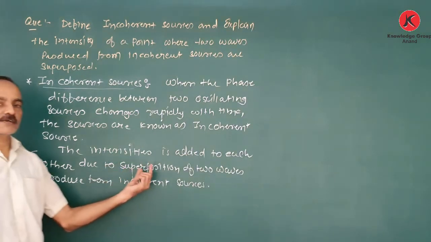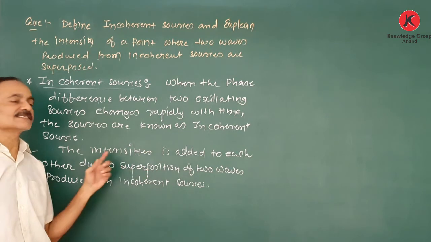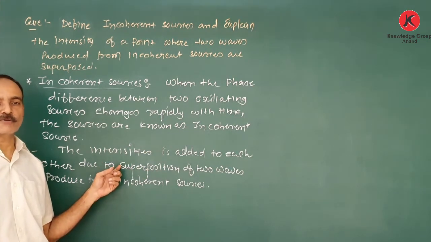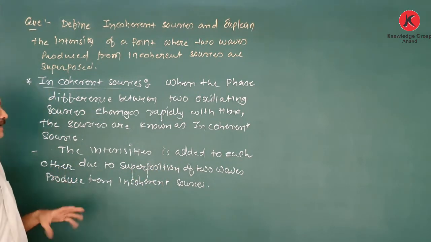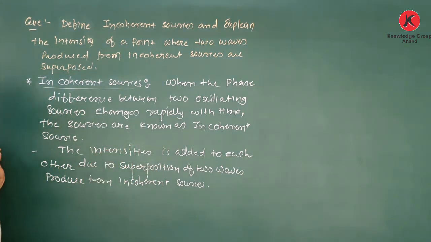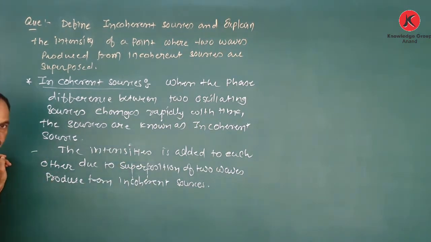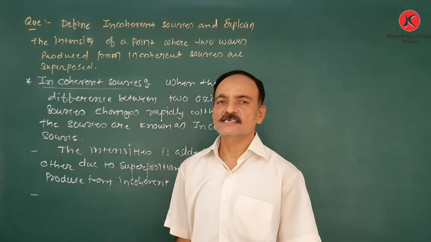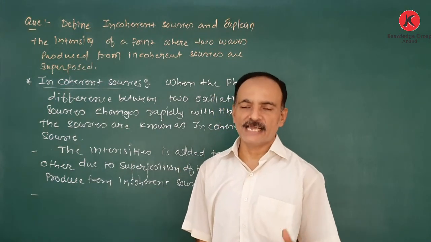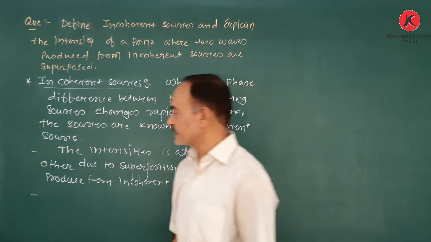So when these two waves are superposed, the intensity is not constant, and due to that, whatever interference pattern is obtained is not stationary. If the phase difference between the two waves continuously changes with time, the interference pattern also changes with time.